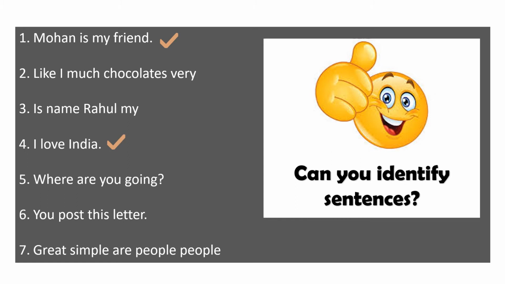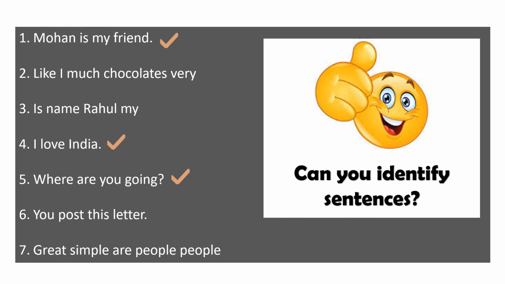What is the fifth one? Read it. Where are you going? Oh, it's a question and it is meaningful. So this is also a sentence. Sixth one, you post this letter.